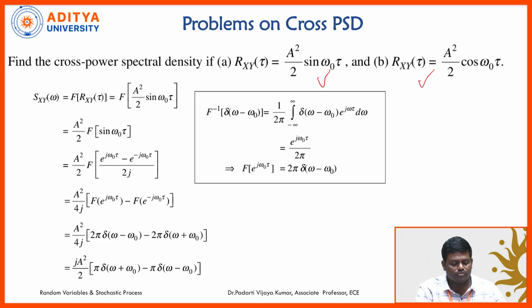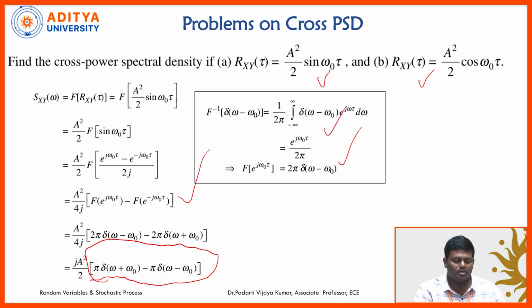The Fourier transform of this is simply j A square by 2 into j pi of del of omega plus omega naught minus pi into omega minus omega naught. This is actually deduced from this relation. So we can use this relation or directly we can use the Fourier transform pair of sin omega naught tau.